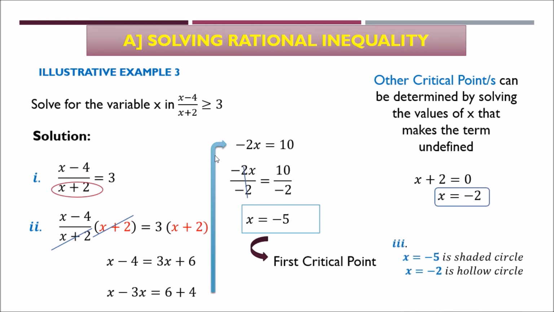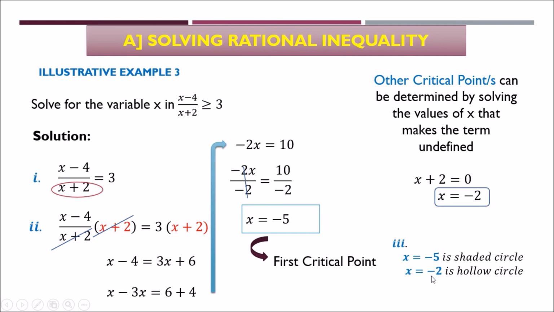So in step 3, we have to determine if it is a shaded or just a hollow circle. In the case of x equals negative 5, it is a shaded circle, since the original problem uses the inequality symbol greater than or equal to. So that makes it shaded, right?